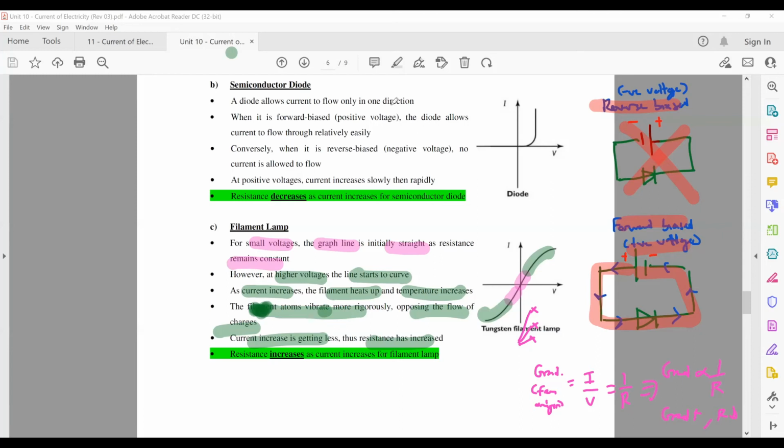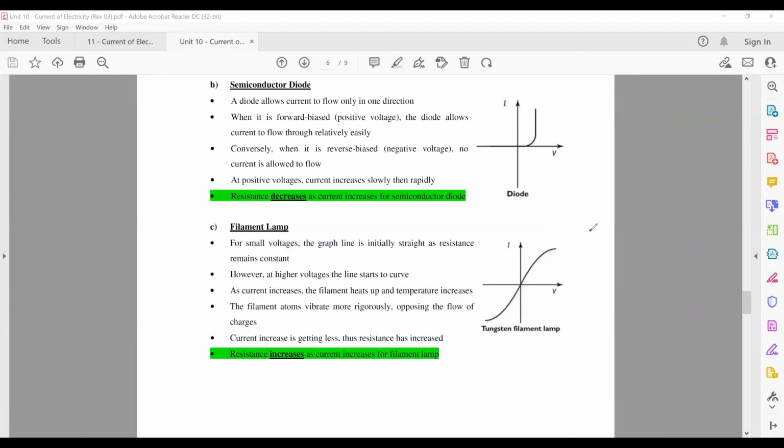So another thing they can also do here is to look at gradient from origin again to identify this. Over here is gradient from origin equals to I over V, 1 over R. So gradient is inversely proportional to R. So again, you try to see the gradient. This one, like this one, like this one, like this.